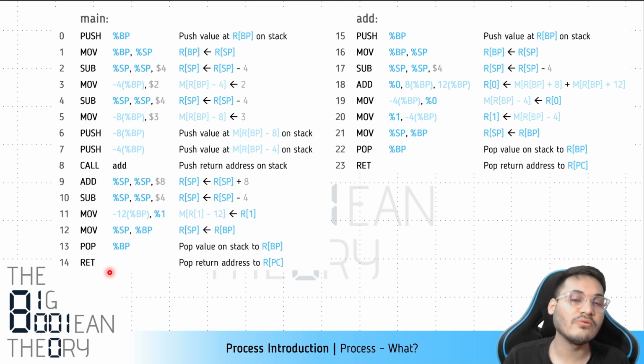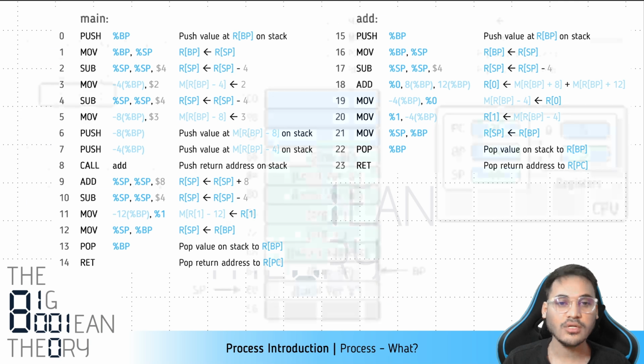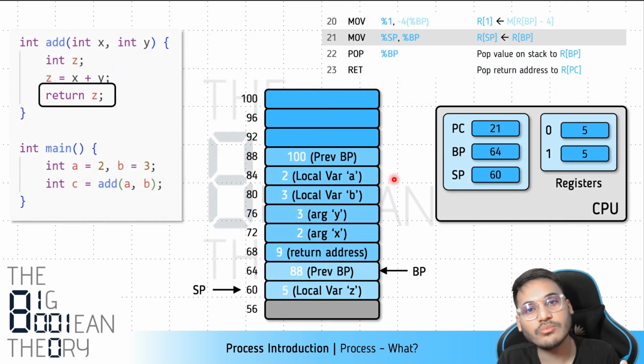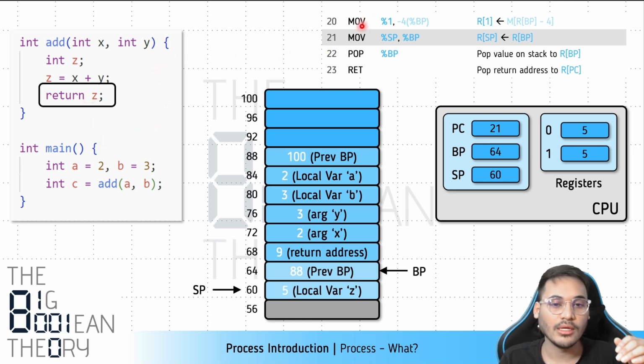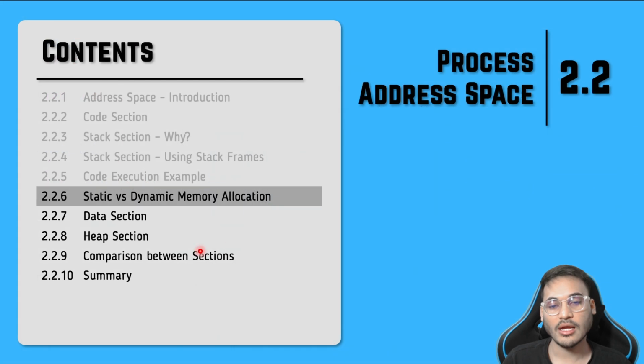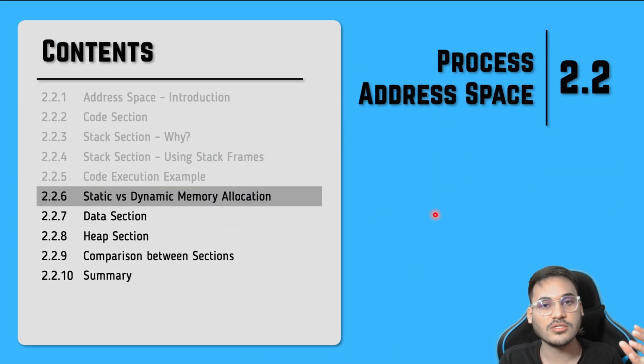Through that example, we were able to see how the execution happens on the stack frame. By going over the assembly code, we saw a detailed example of how exactly, instruction by instruction, it happens on the stack section. So this was a detailed example which summarized the usage of the stack section, and how it is tightly coupled with the assembly code, right?